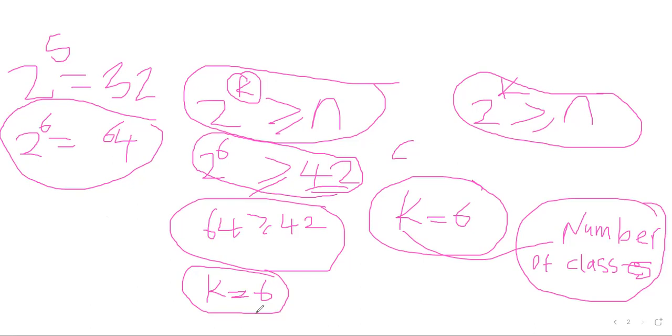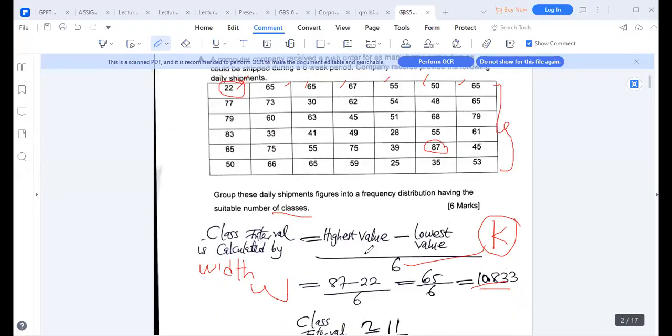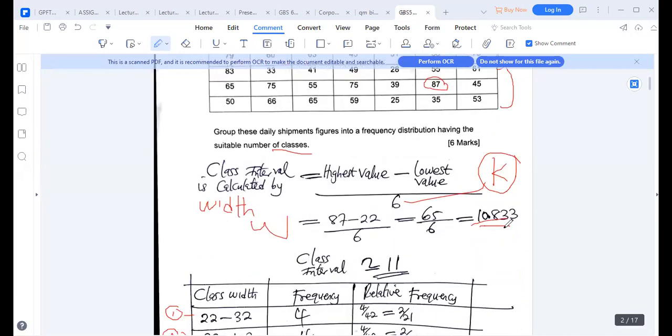All right, so now after finding that, this is how we got to the highest measure and the lowest measure, and then we had to substitute here. We found the width was approximately 11.